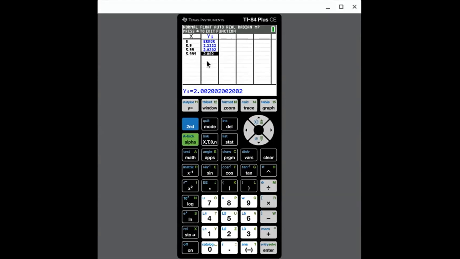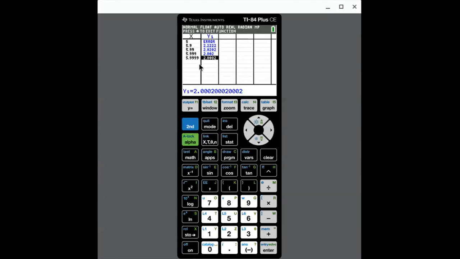Now, let's do 4 nines. 5.9999, you get an even smaller number, 2.000200.